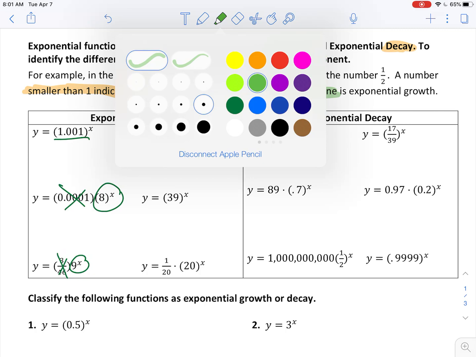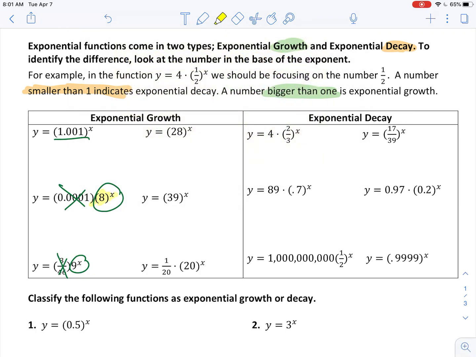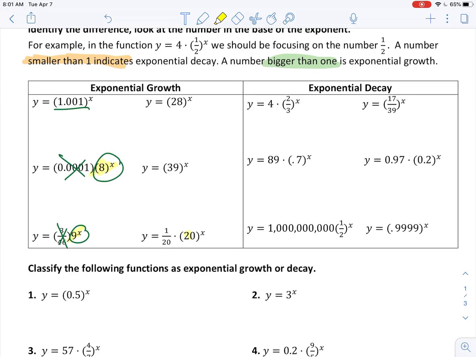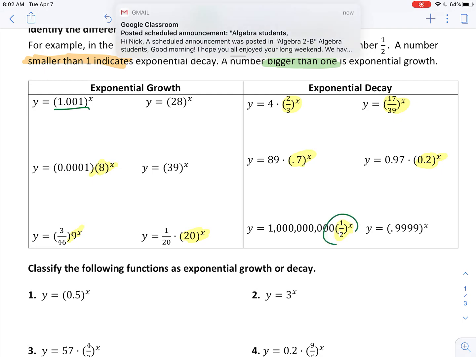And the reason why I would suggest this is you can kind of see already that sometimes you'll have a number out front, and you can almost entirely ignore this number. What you're really focused on is what's in the base of that exponent.